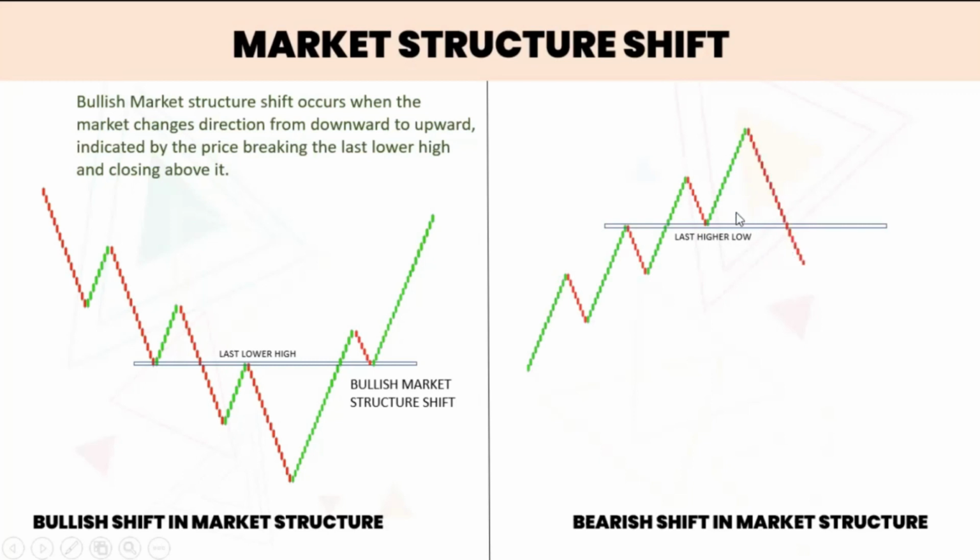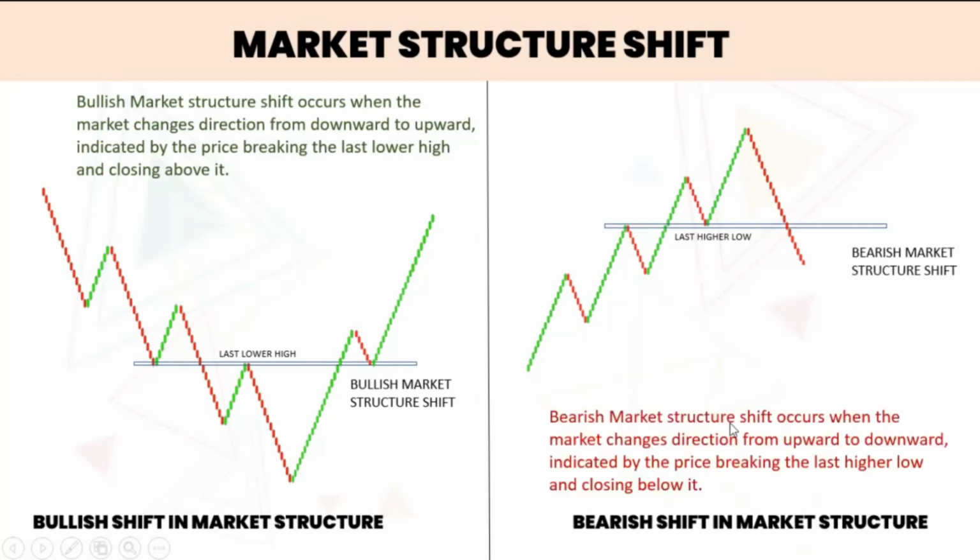Once this happens, there is a bearish shift in market structure. A bearish shift in market structure occurs when the market changes direction from upward to downward, indicated by the price breaking the last higher low and closing below it. So once it closes like this, you begin to see that the structure is no longer an uptrend.